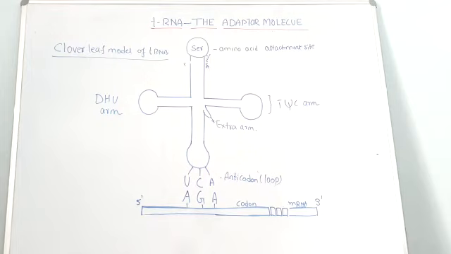One specific tRNA with the anticodon UAC is called the initiator tRNA, and it carries the amino acid methionine, specified by the initiator codon AUG.